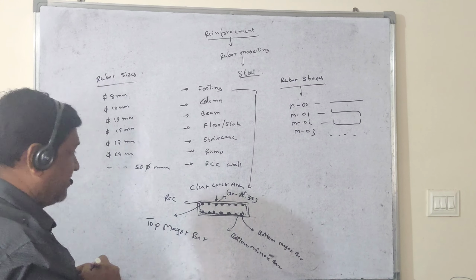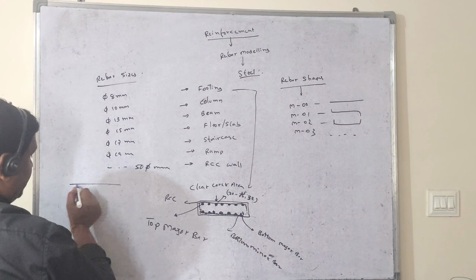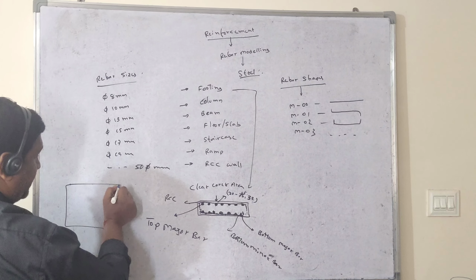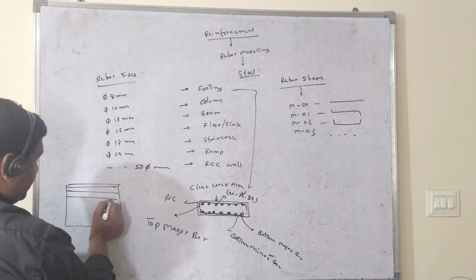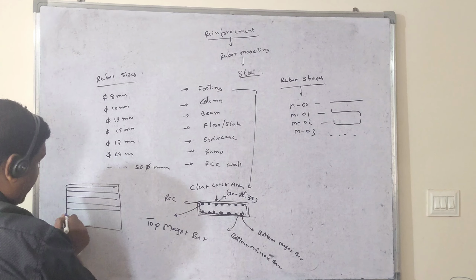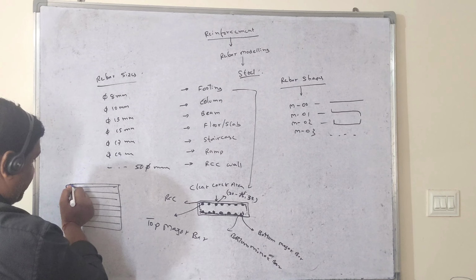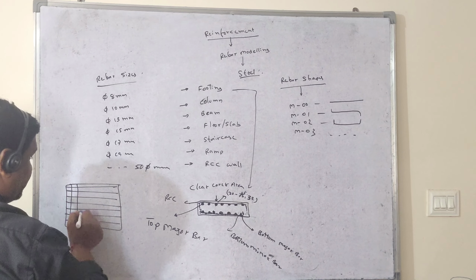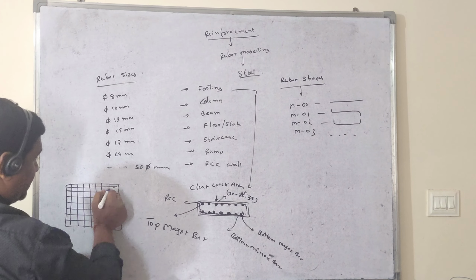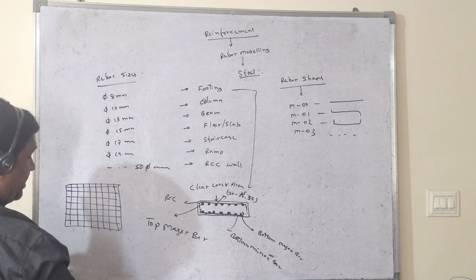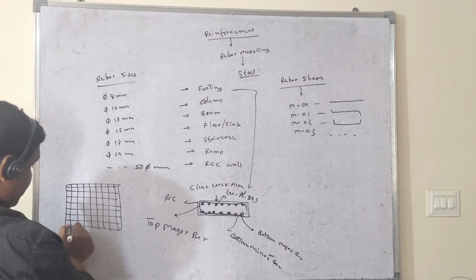So after placing this rebar, if you see it in top view, the foundation is going to look like that, because all these rebars are placed. So from one rebar to another rebar we put some distance, and that distance we call the spacing from one bar to another bar.